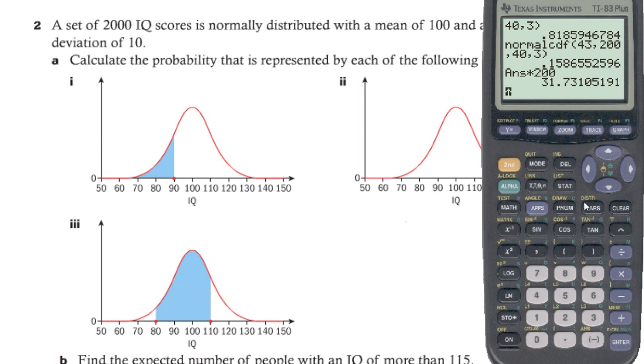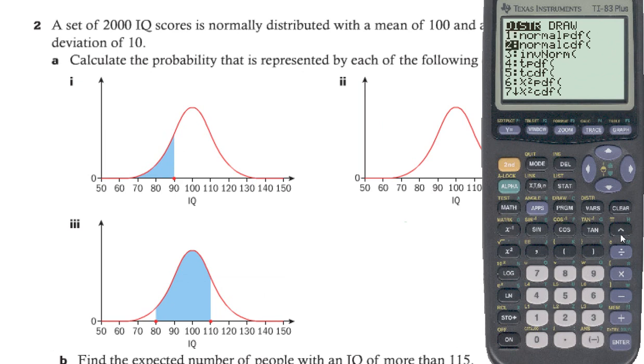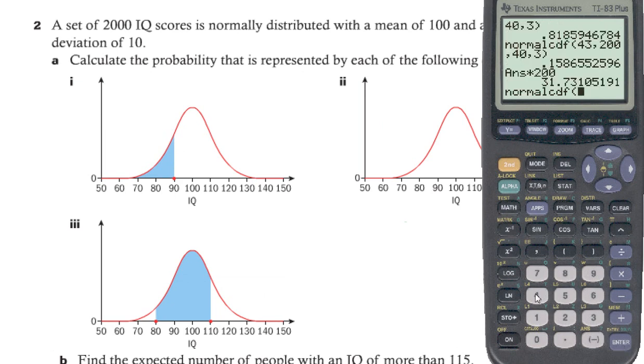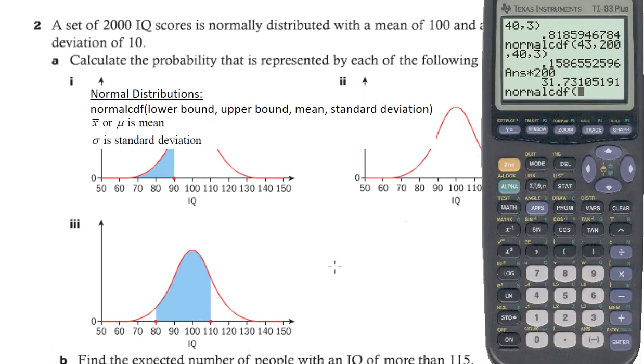So we're going to do second distribution, normal CDF. Let's see. Oh, I should put in what we need to go where: the lower bound, upper bound, standard deviation, and mean. But let's put that on there just so we don't forget. Okay, kind of stuck it right in the middle of the problem there, but this should work.